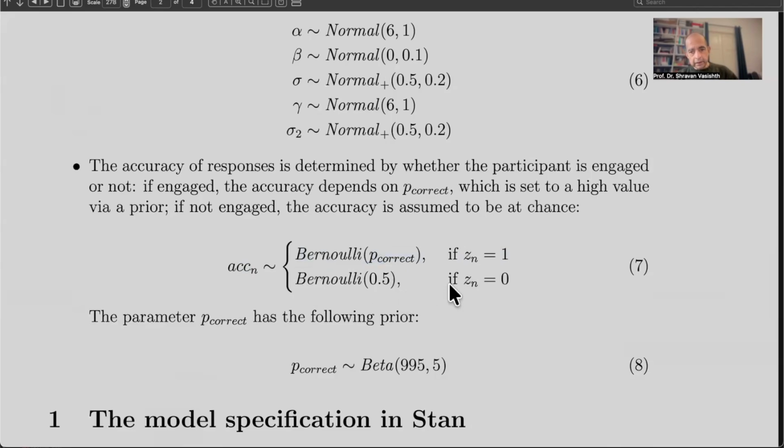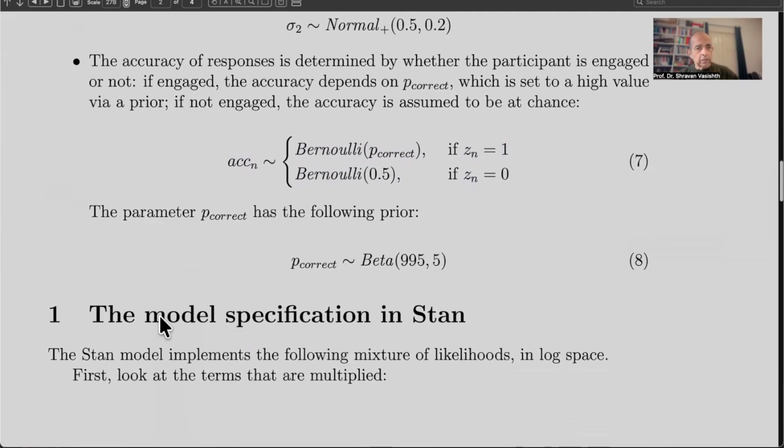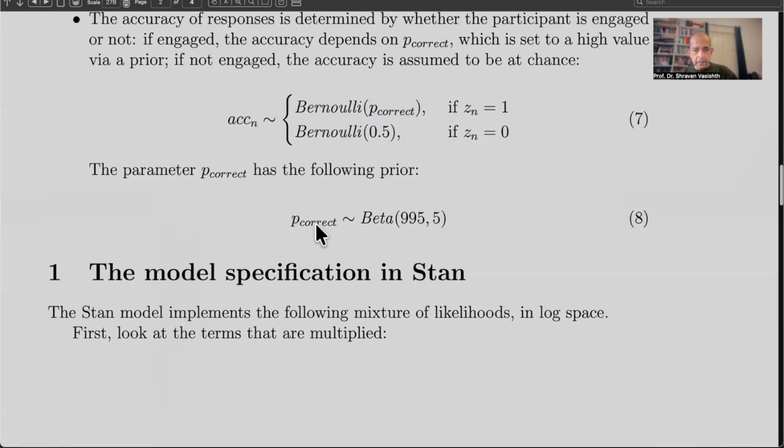And when the participant is not engaged, the assumption is that the participant is guessing, right? So the accuracy is coming from a Bernoulli process, but the probability is 0.5 of a correct response. So now coming back to this new parameter here, the probability of correct was coming from a beta prior.